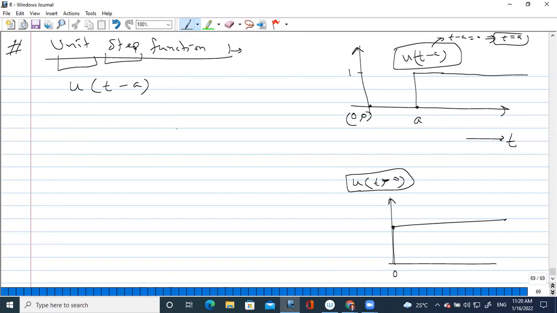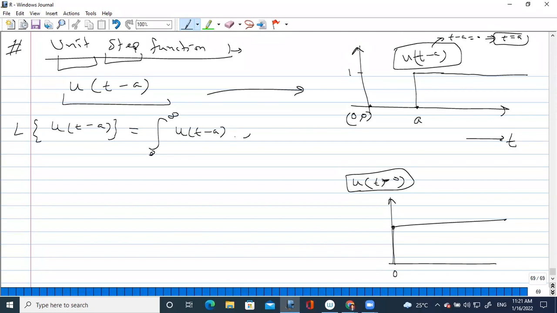Now for this type of function, u(t minus a), remember this. If you want to find its Laplace transform, Laplace of u(t minus a) will be equal to the integral from 0 to infinity of u(t minus a) into e to the power minus st dt.